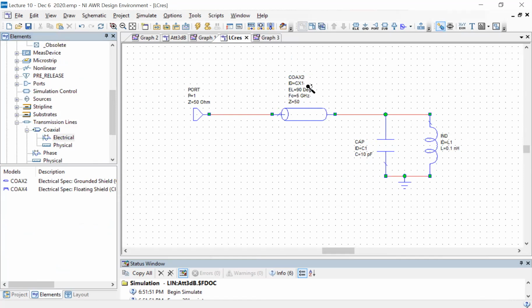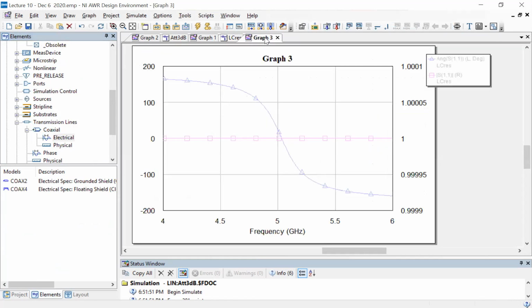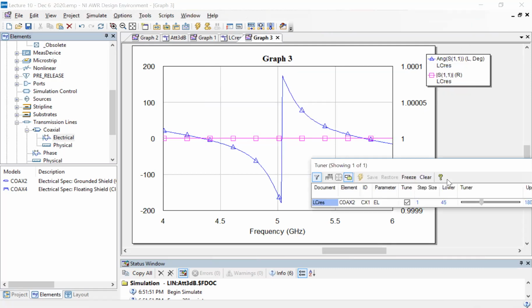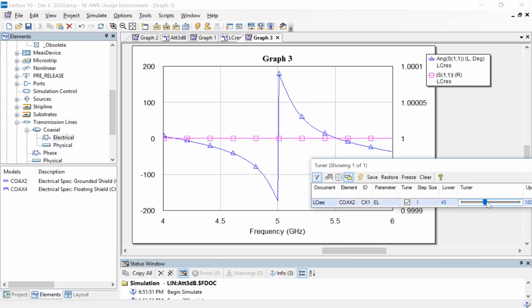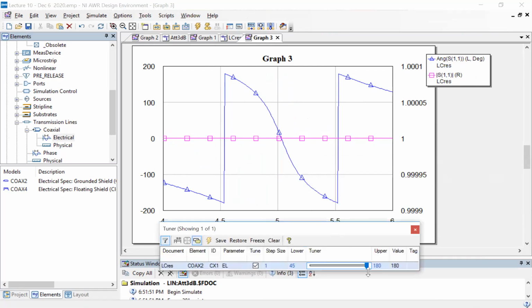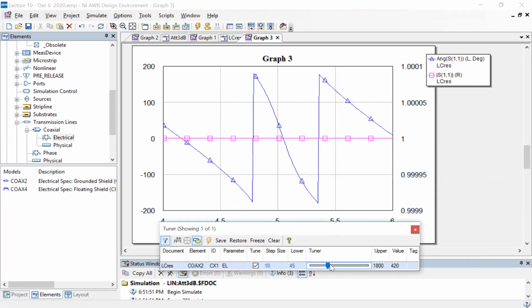Gigahertz, and I'll put a tuner on the electrical length. And now, of course, there is an additional phase wrapping, rolling of this thing. And as you increase the length of this line, of course, nothing is happening to the magnitude because this is a perfect 50 ohm transmission line without any loss. So we've already seen this. I'm just repeating it to remind you.